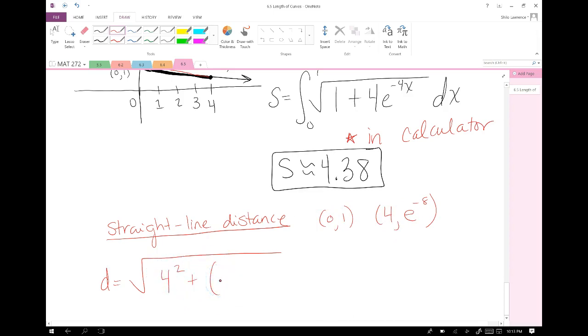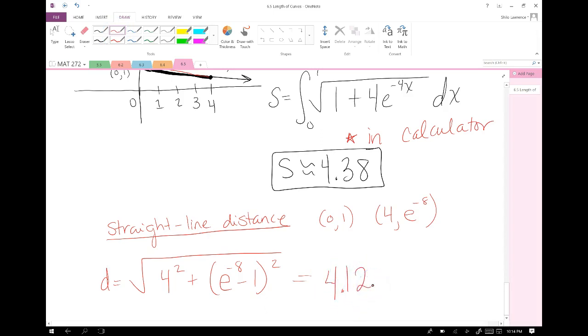And then this next one I'm going to do in the calculator, we've got e to the negative 8 minus 1, and then we're going to square it. And then we add them together and take the square root. And I got, for the straight line distance, 4.12.